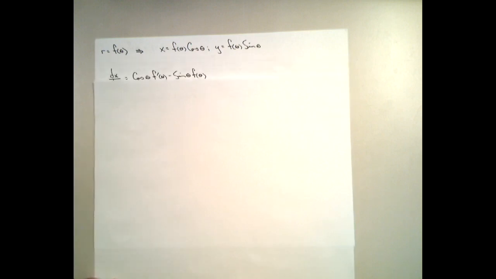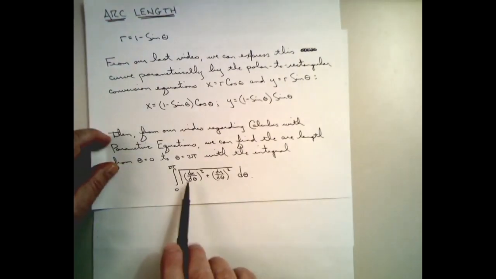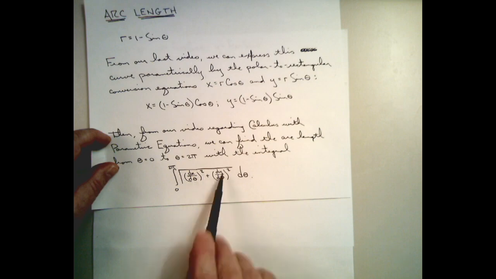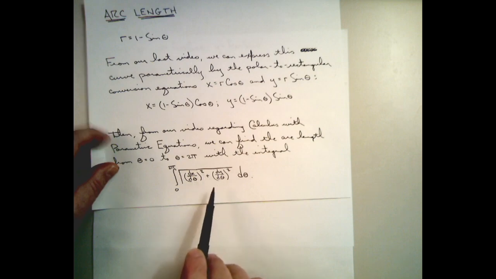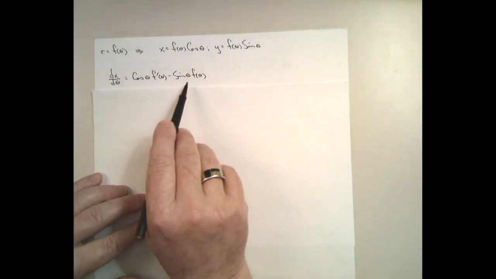So here we go. So I need to find, let's see, what was it? I eventually need to evaluate the integral of the function square root of dx d theta squared plus dy d theta squared. All right, so I'm going to need dx d theta. Well, whenever I find dx d theta, that's just a simple product rule.